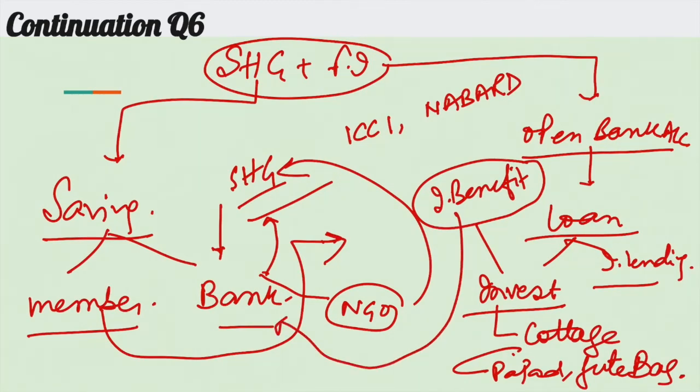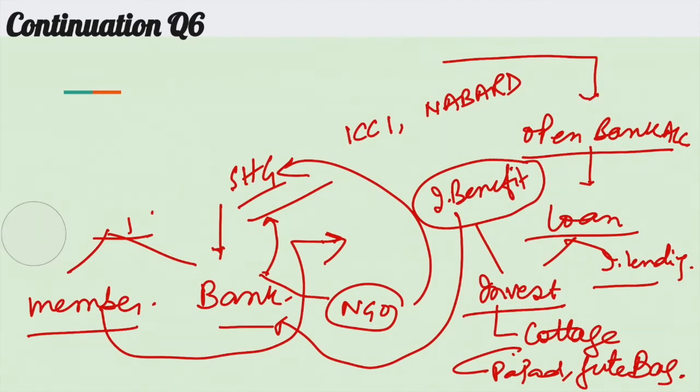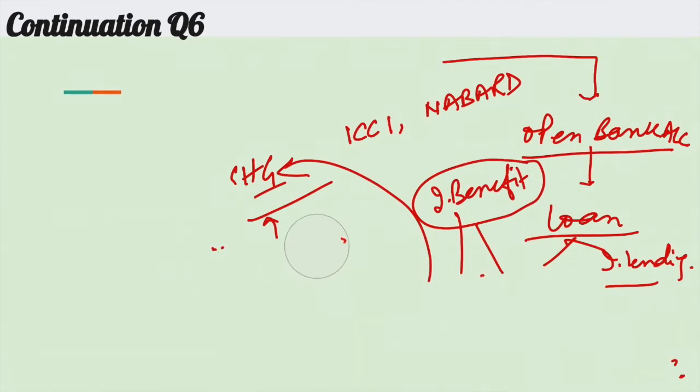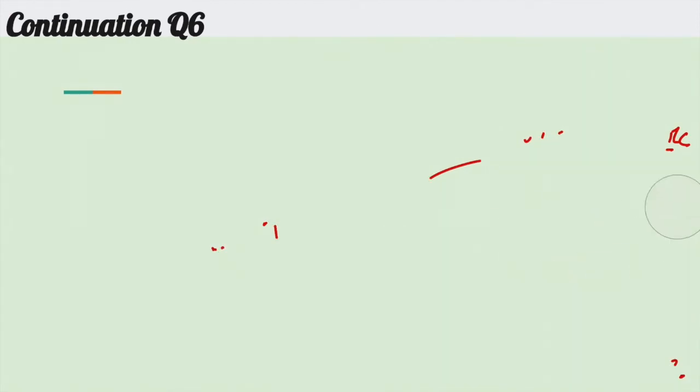Again, it will increase the credit worthiness of that particular SHG, and now again they can ask the bank that whatever loan you have given to us, we have shown you enough credit worthiness, now give us more loan. So basically in this way, the entire linkage between SHG and financial inclusion works, and therefore it is said that the role of SHG in financial inclusion is the time tested one.